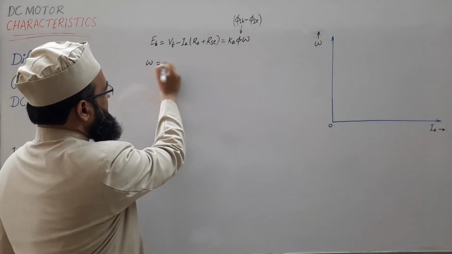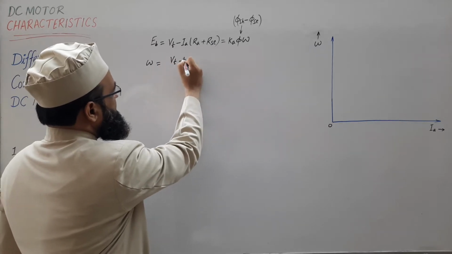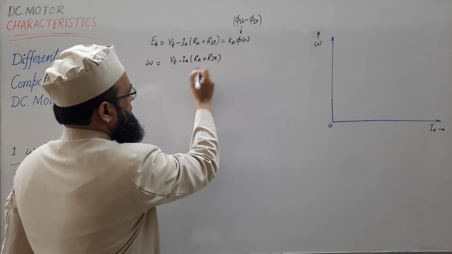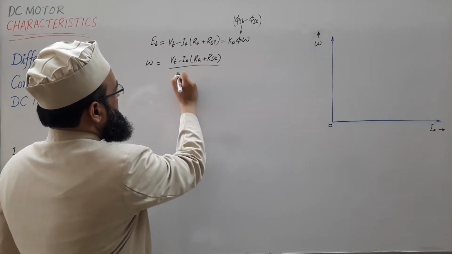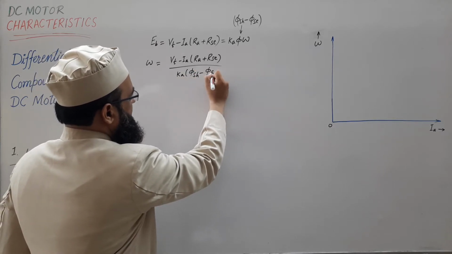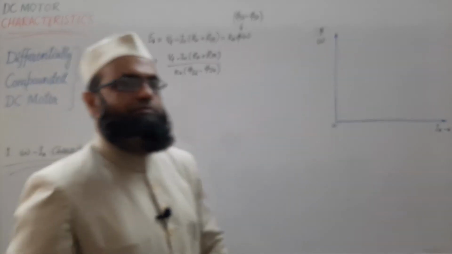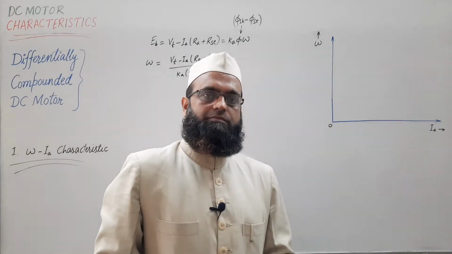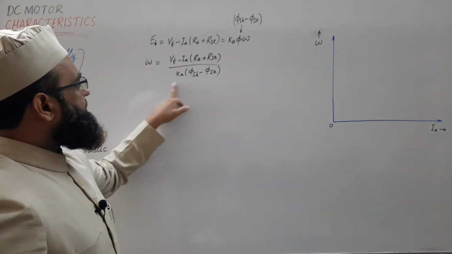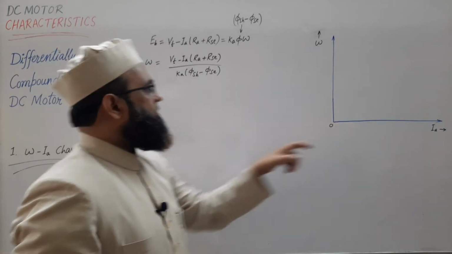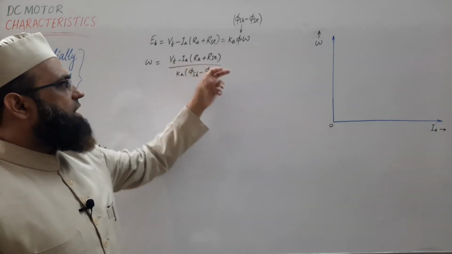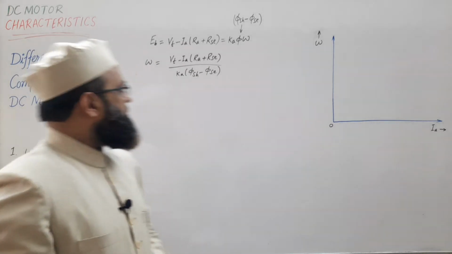So speed may be written as Vt minus Ia times (Ra plus Rse), upon Ka times (phi sh minus phi se). With the variation of Ia, Ra plus Rse are constant quantities.